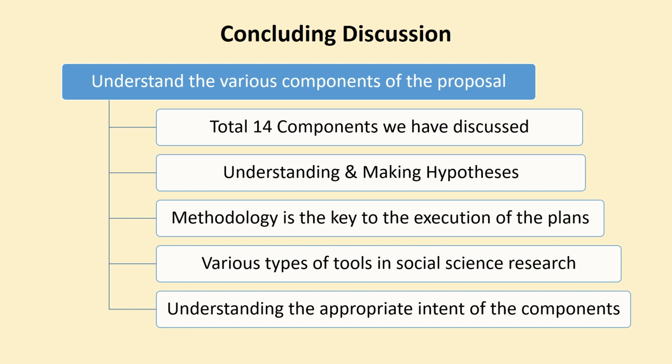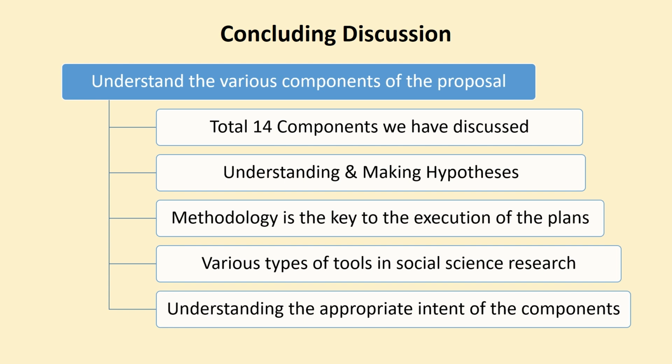Next, methodology is the key to the execution of plans. I am coining it again in this concluding session that you should have a very clear-cut idea of what kind of methodology you are going to utilize in your research so that you can have the desired results.